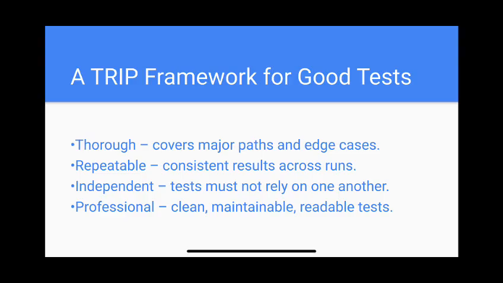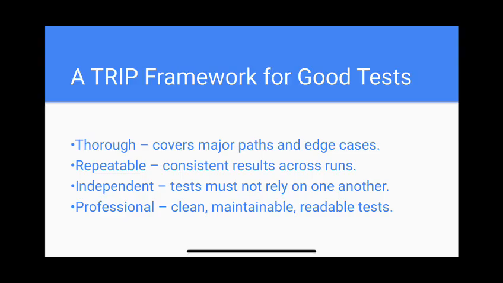The I stands for independent, ensuring that the test is isolated, and a unit test does not depend on the outcome of another. It uses mocks, stubs, and fakes to isolate the system under test, SUT, and allows the test to be executed in any order without side effects.